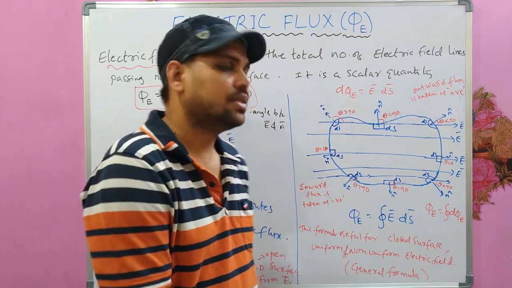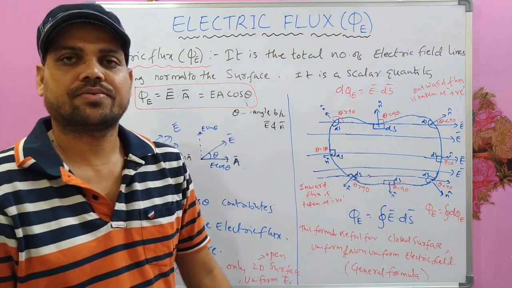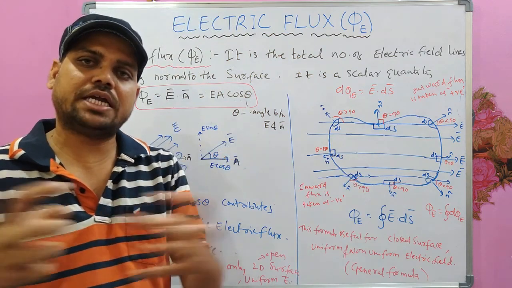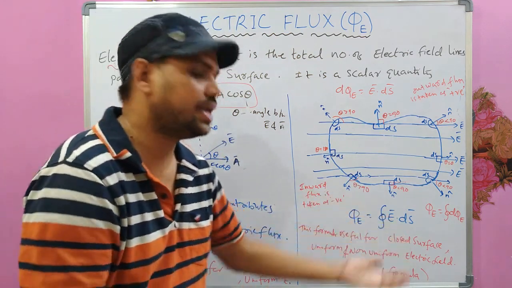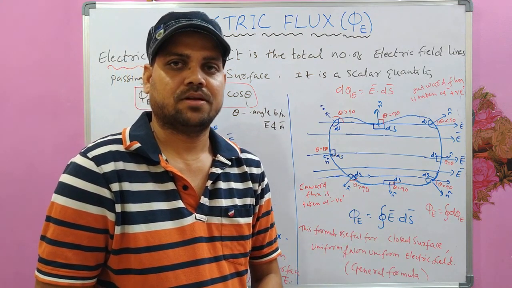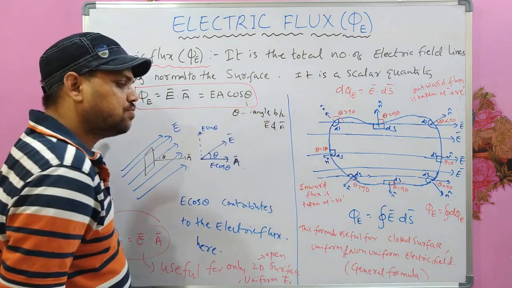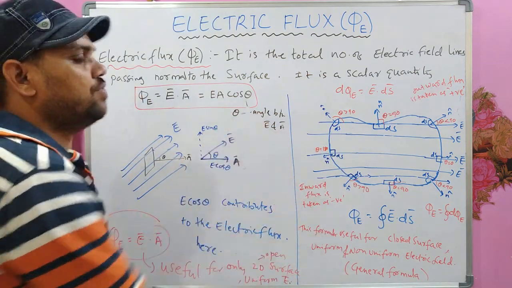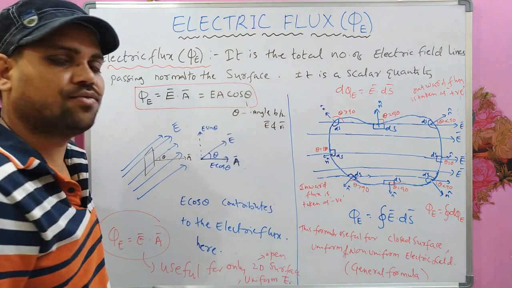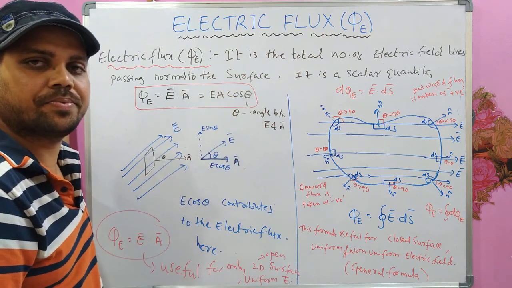You can get the total flux linked to the surface. You just add all the individual fluxes, which is nothing but an integration. Okay, so this is how we calculate the flux linked to a surface placed in an electric field, whether it is a closed surface or an open surface.